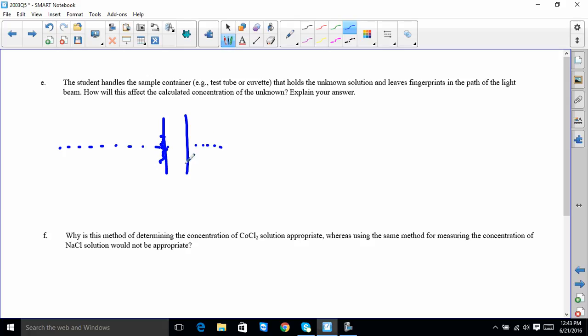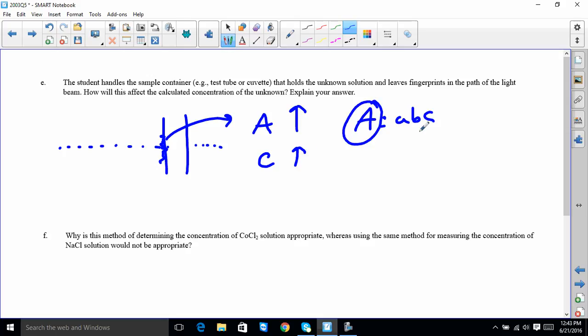If you have a fingerprint, it seems like the absorbance goes up because less would get through. If the absorbance goes up, then the concentration would go up, because if this number's bigger and this is a constant and this is a constant, this needs to be bigger.